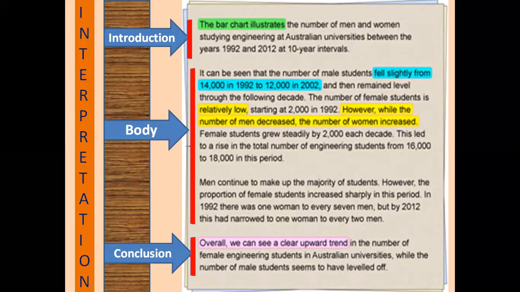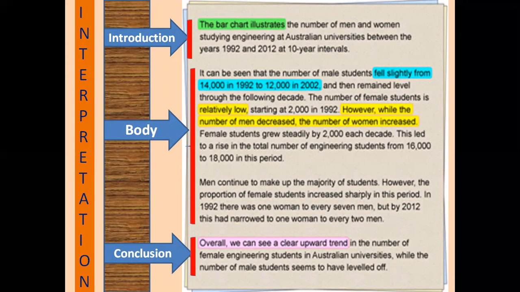And this led to a rise in the total number of engineering students from 16,000 to 18,000 in this period. When you add the number of men and the women who are studying this, you will find that it increased from 16,000 to 18,000 in this period. Men continue to make up the majority of the students. Earlier, the number of men was in majority, and even till now it is in majority.